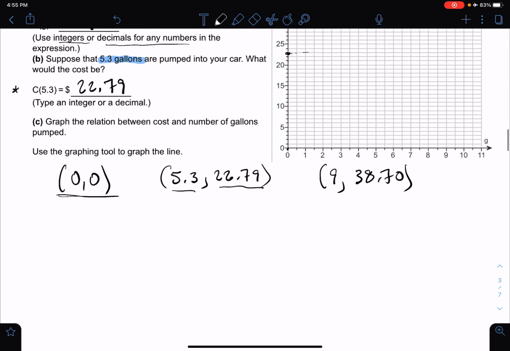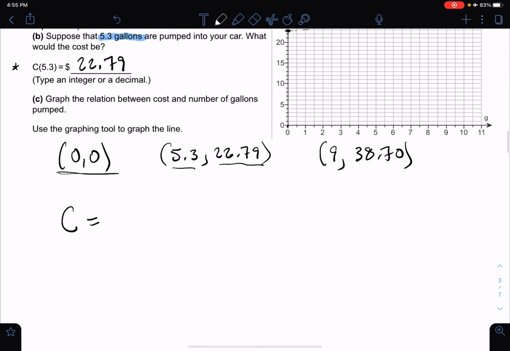We've got to graph this graph right here, C equals 4.3 G. That's the graph we're trying to graph. We do know that the y-intercept is 0, so we can plot that point. That's the one we should use. But what number can we put in to get a nice whole number?